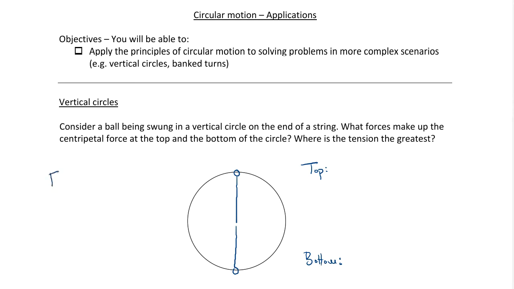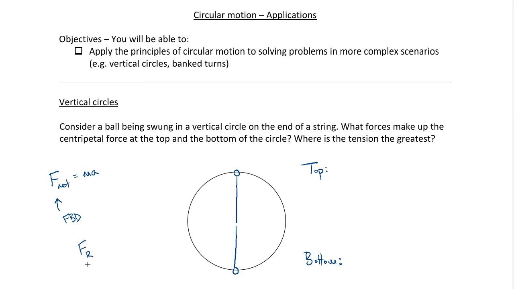So let's step back for a moment and think about our familiar F net is equal to ma type problems. Typically what we've had to do is find F net from the free body diagram, identify the forces, and sum them using directions as appropriate to find F net, and then use that often to solve for something like acceleration. Well, in centripetal motion problems, we're doing the same kind of thing.